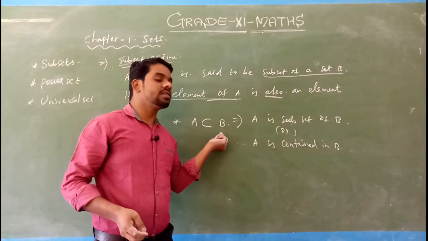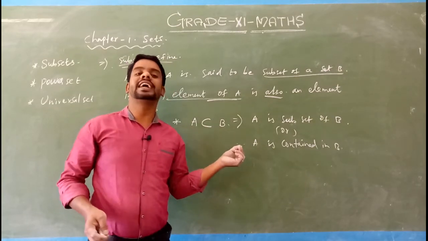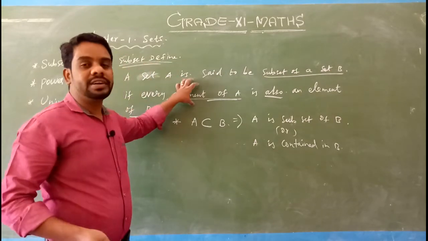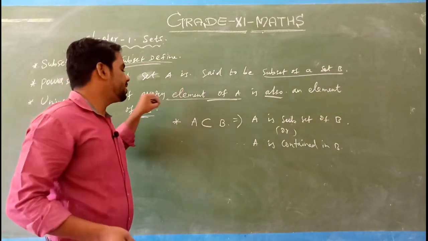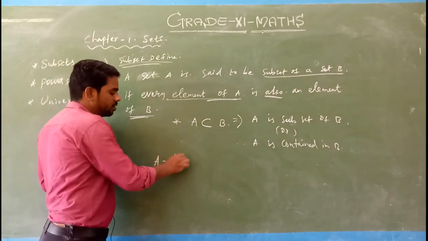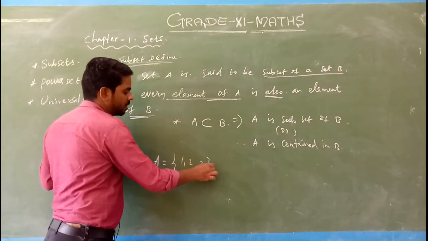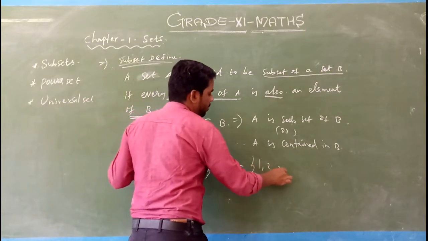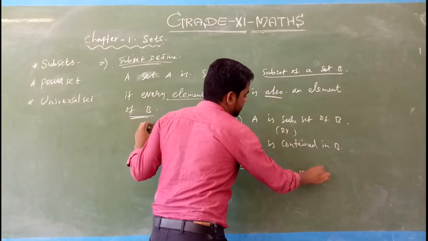That means every element of A is also an element of B. For example, A is equal to {1, 2, 3}, and B is equal to {1, 2, 3, 4, 5, 6}.